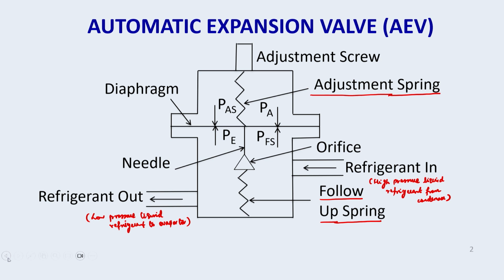When the combination of the forces acting in the upward direction is more than the downward forces, the needle will be away from the orifice. That is, the valve opening is broader. The valve is opening, just opposite to the other case.